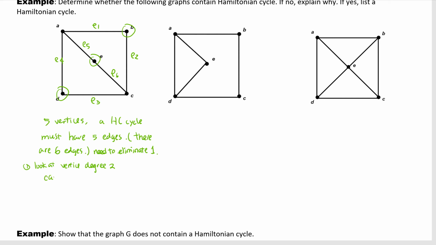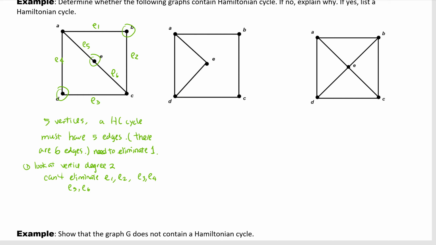So here we can't eliminate E1, E2 because they are connected to B. We cannot eliminate E3 and E4 because they're incident to the vertex D, and we cannot eliminate E5 and E6 because they're incident to the vertex E, right?